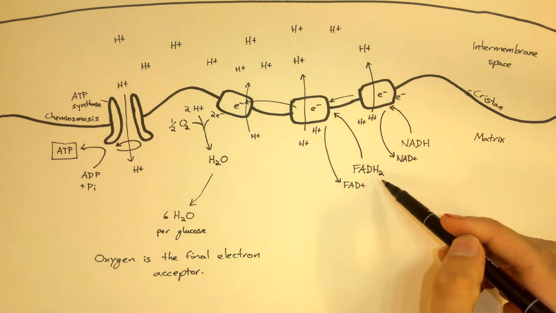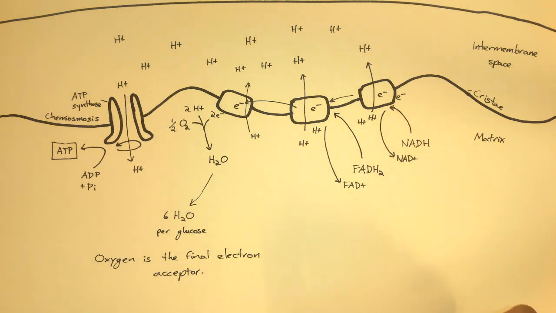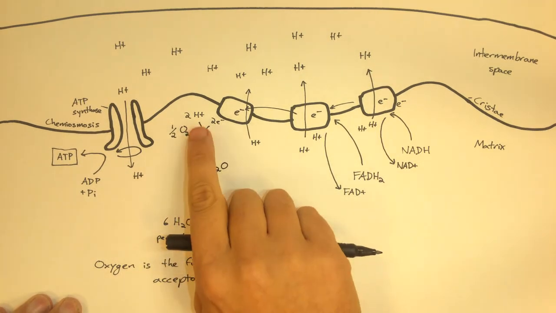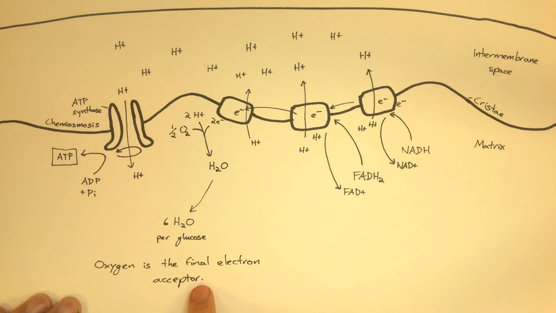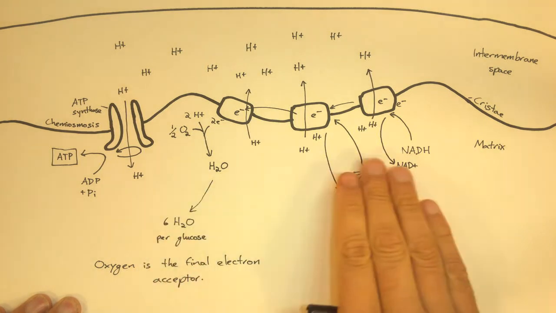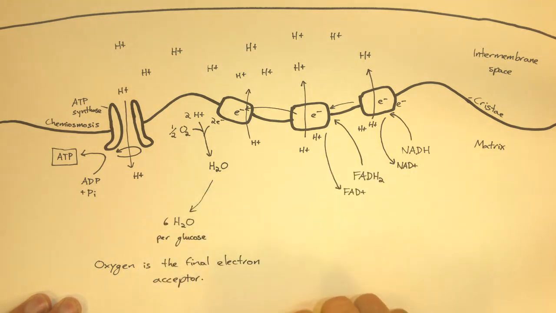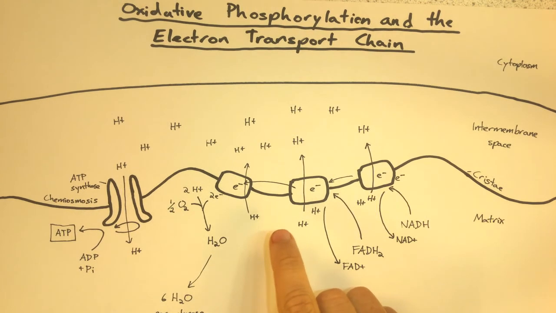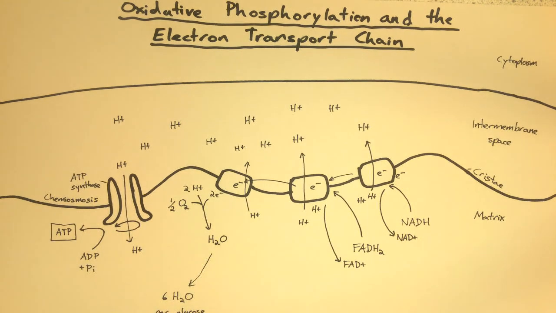NADH and FADH2 will no longer be able to drop off their electrons and be oxidized themselves. So the reason we need oxygen is to pick up those electrons as the final electron acceptor and form water. That enables the electron transport chain to flow, and oxidative phosphorylation to produce the large amount of ATP that we need.